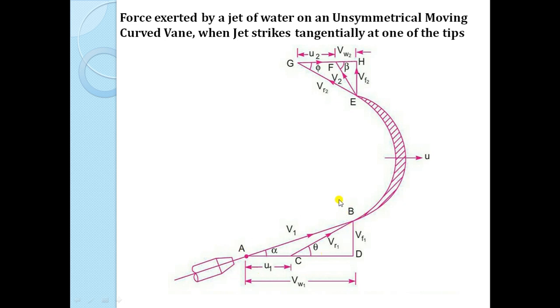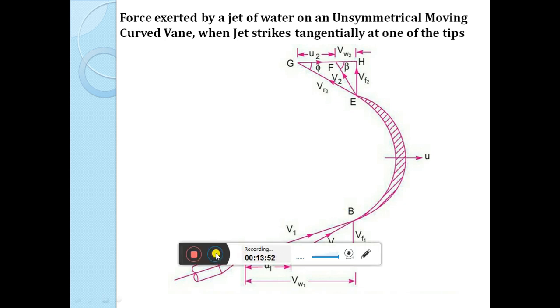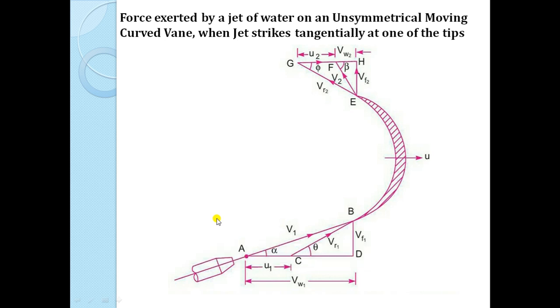As the jet strikes tangentially, the loss of energy due to impact of the jet will be 0. So in this case, the plate is moving, and as the plate is moving, the velocity with which the jet strikes the plate is the relative velocity.